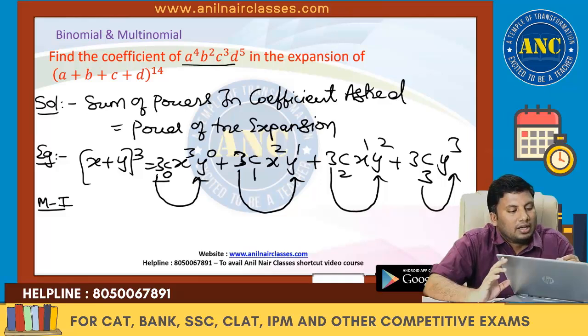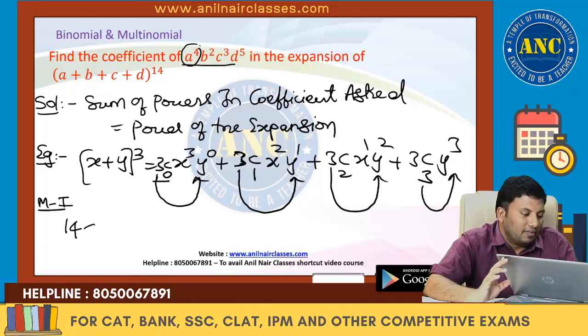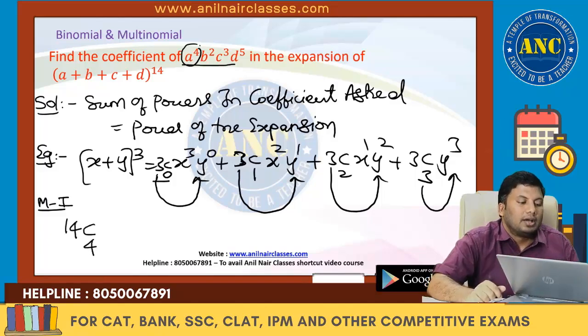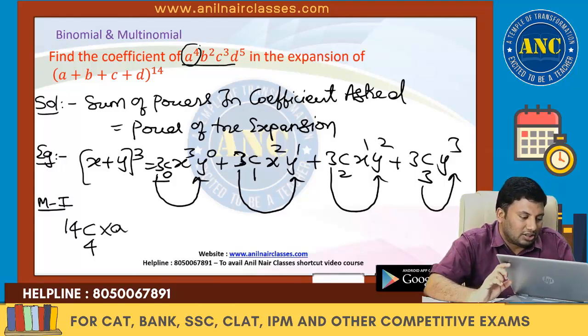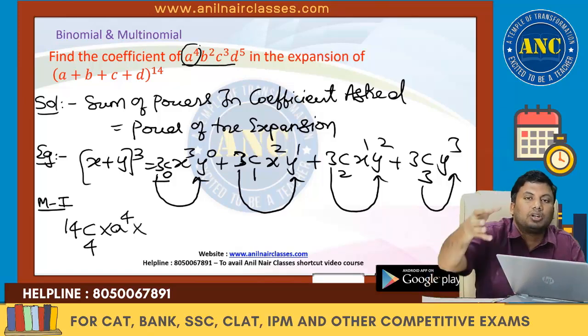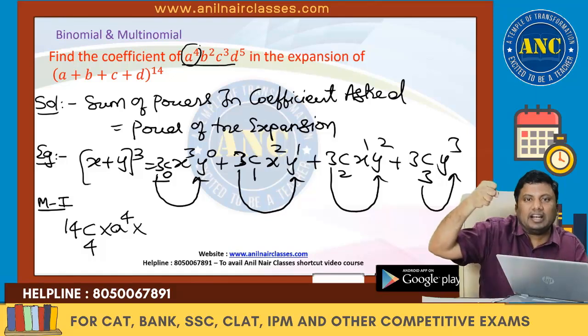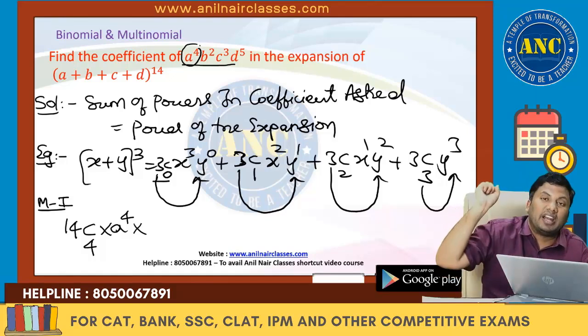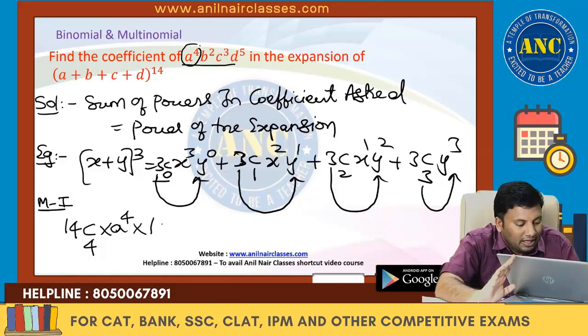Now see, first I require a power 4 out of 14. Out of 14 I will select the power of a as 4. I hope it is clear. Out of 14 I selected 4 powers and gave it to a. Remaining is 10.